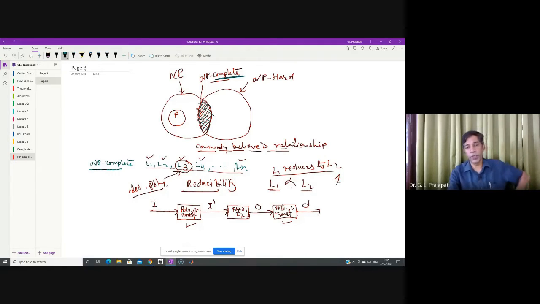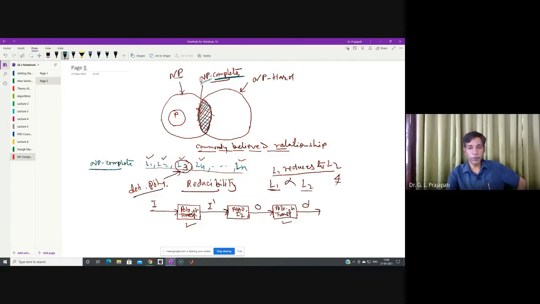NP says that the problem first comes in the NP group. So for being NP complete, the problem must be in the NP, and complete refers to solving one problem meaning solving every other problem. If you determine one deterministic polynomial time algorithm for any one NP complete problem, you can solve all other problems in deterministic polynomial time because every problem reduces to every other.